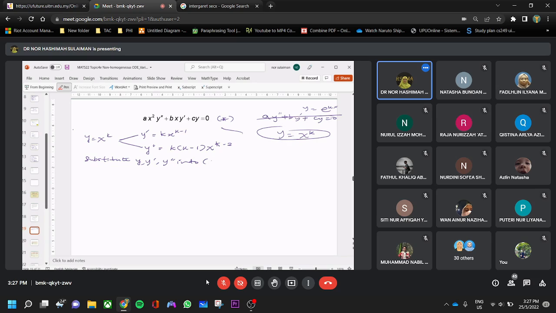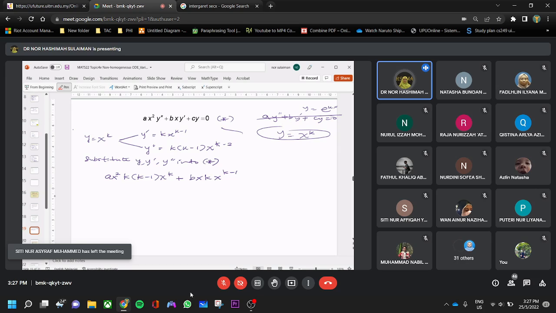What do we get? a x squared, and y double prime is k times k minus 1 times x to the power of k minus 2. Plus b x and then y prime, k x to the power of k minus 1.